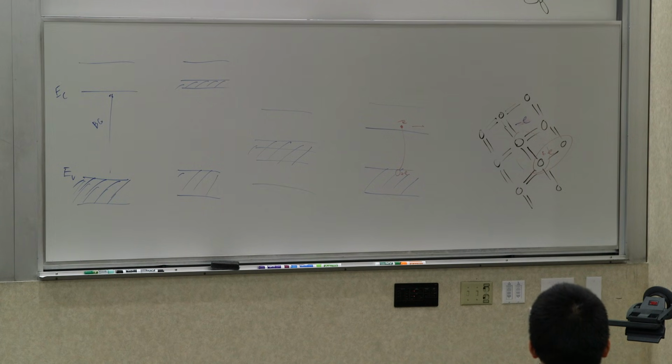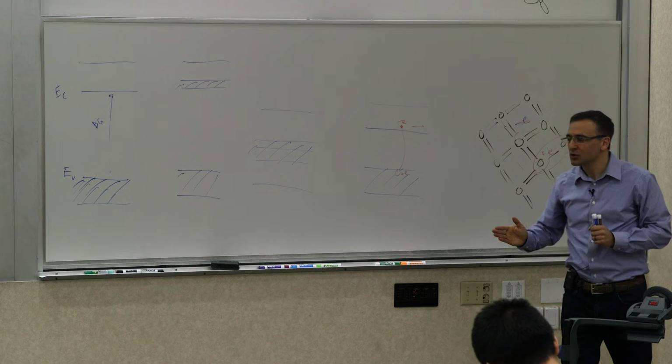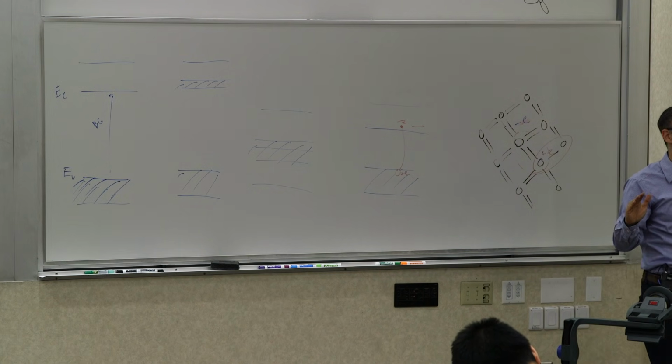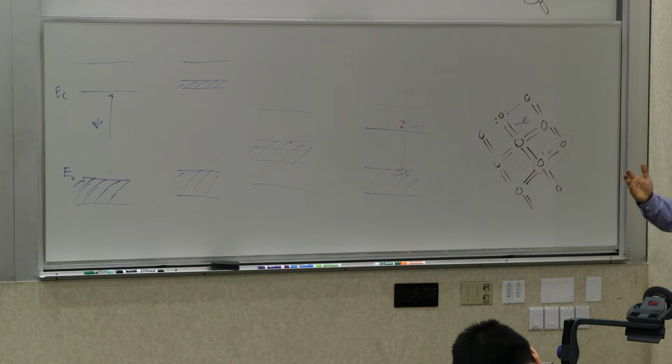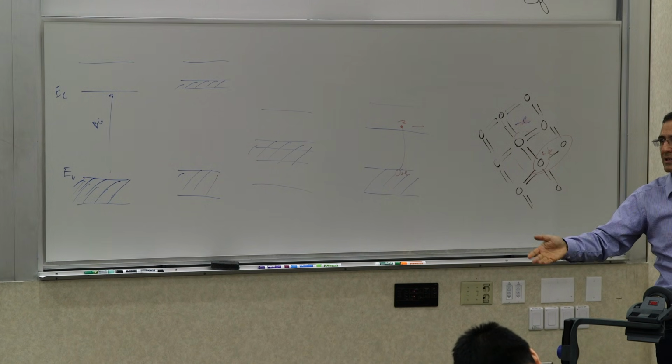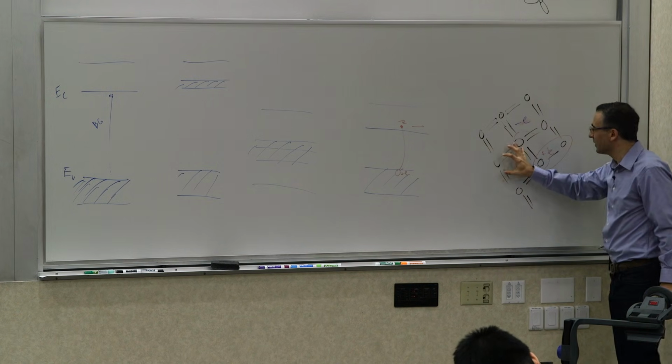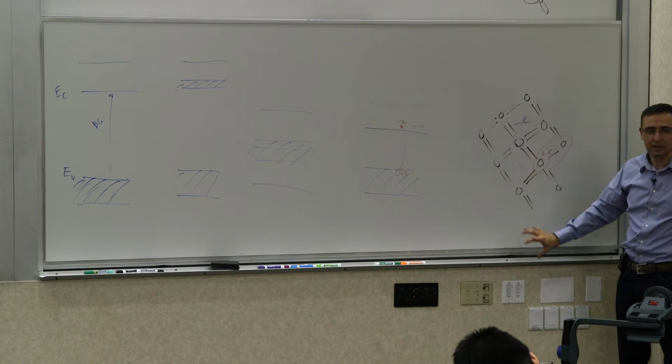If there's a very small barrier, you can always go across. So breaking this bond and forming a new one is a lot easier than breaking a bond without forming a new one. That's why this hole can also be quite mobile.